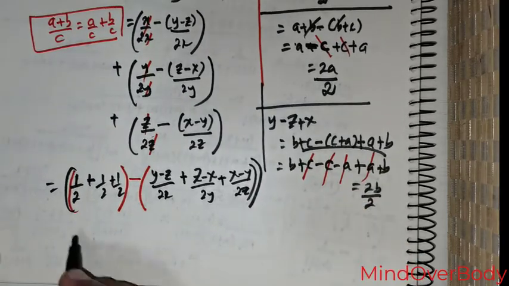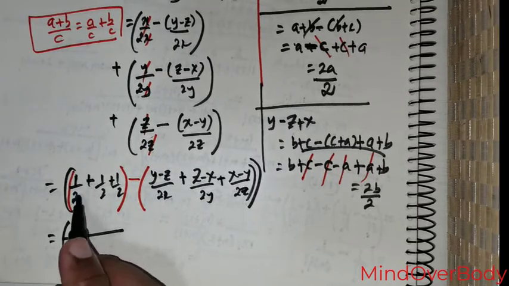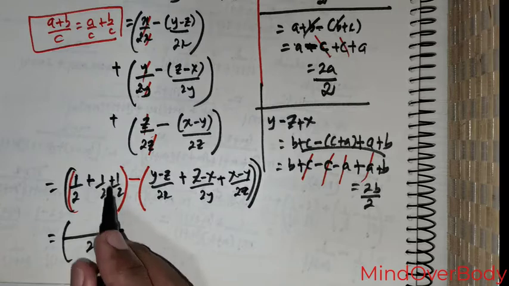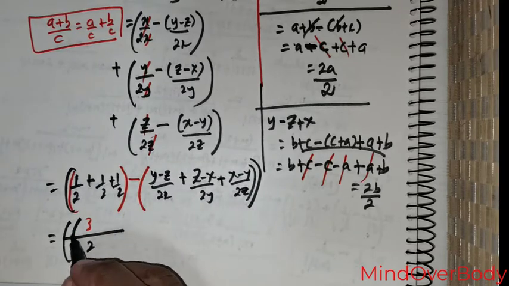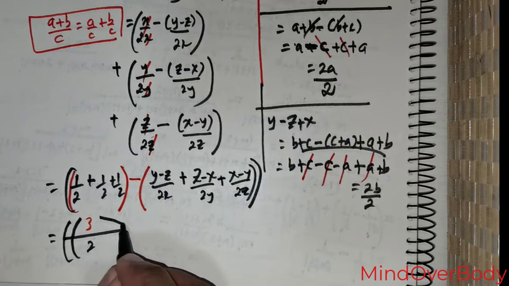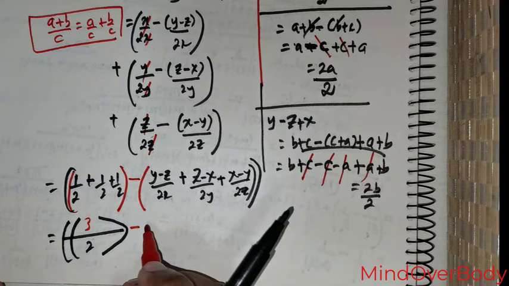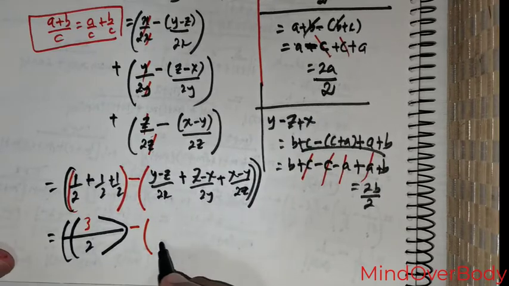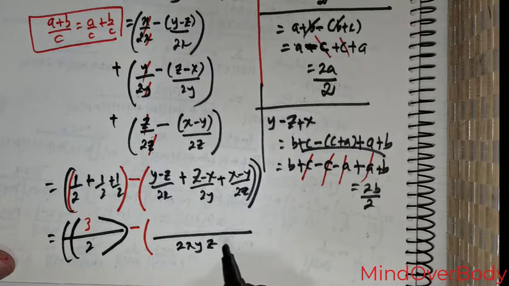Okay, so this is going to be 2. If I were to sum this up, it's going to be 1 plus 1 plus 1 over 2. So this is going to be 3 over 2. So that is for this term. Okay, this term alone, negative. Okay, so I've got 2 times x, y, z.